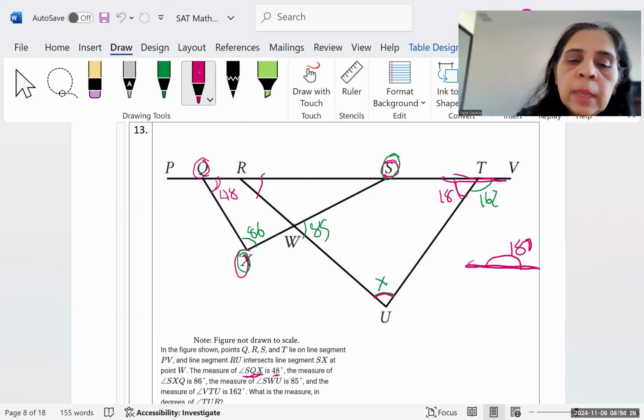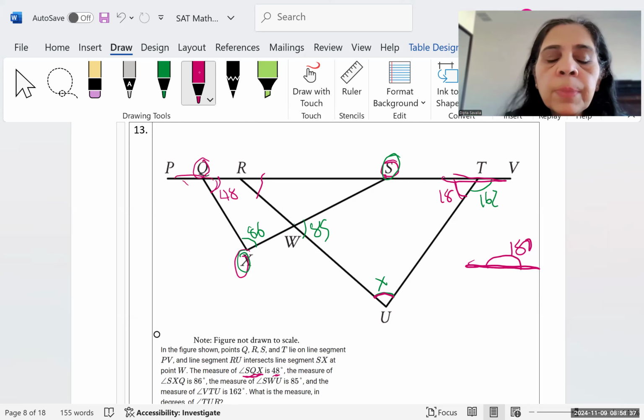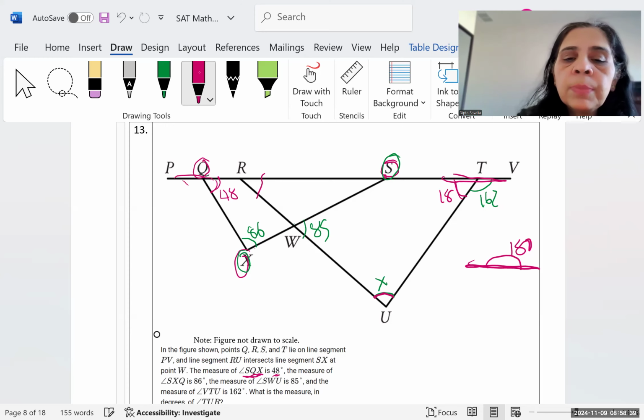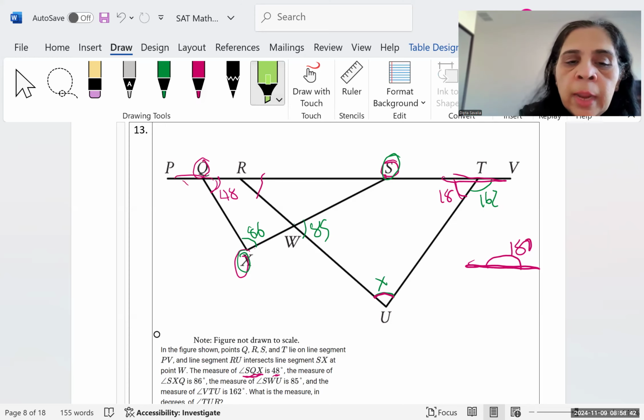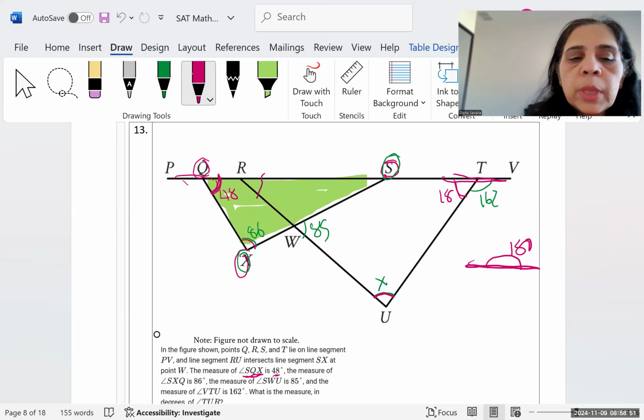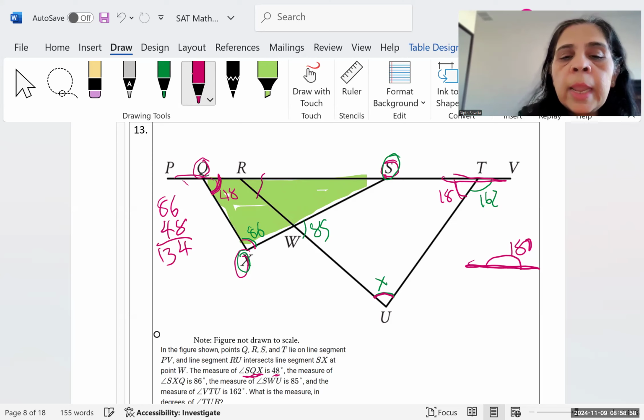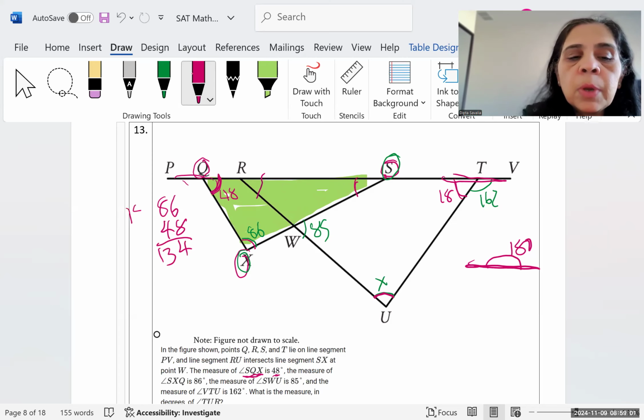Now let's see what else we can find. We have a straight line here, but we don't need that angle. So let's see, 86. Now we have a triangle here. The sum of these two angles, 86 plus 48, is 134. And to find this angle, subtract from 180.